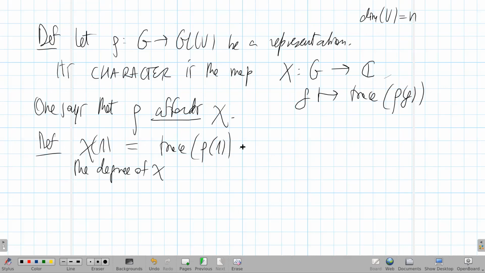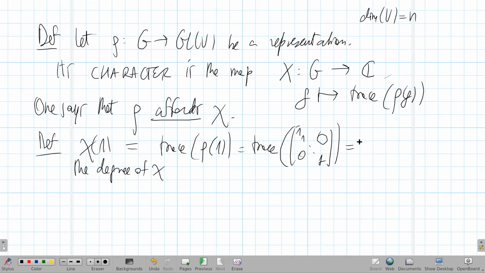Well, rho is a group morphism, so the identity of the group goes to the identity of the general linear group, which is the identity matrix.